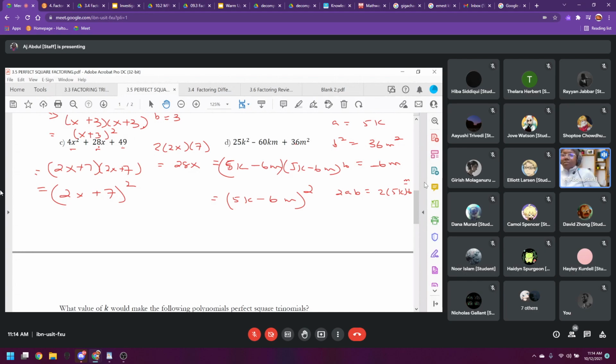So that is a perfect square trinomial. It's a shortcut. If I recognize that it is a perfect square trinomial, I know that the terms are going to be exactly the same multiplied by each other. Any questions, guys?